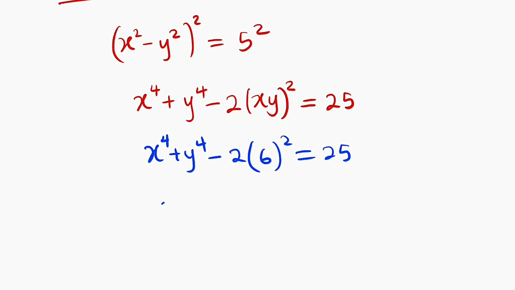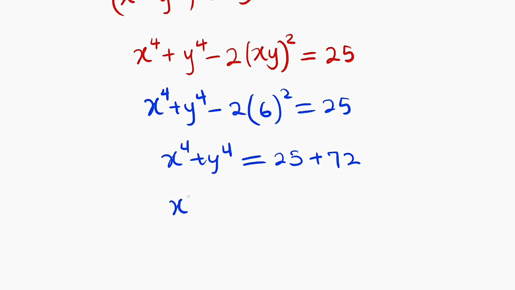So therefore, we have x to the power of 4 plus y to the power of 4 minus 72, but we can take it to the right hand side. We have 25 as 72 negative crosses over, it becomes positive 72. And finally, x to the power of 4 plus y to the power of 4 is equal to 97.